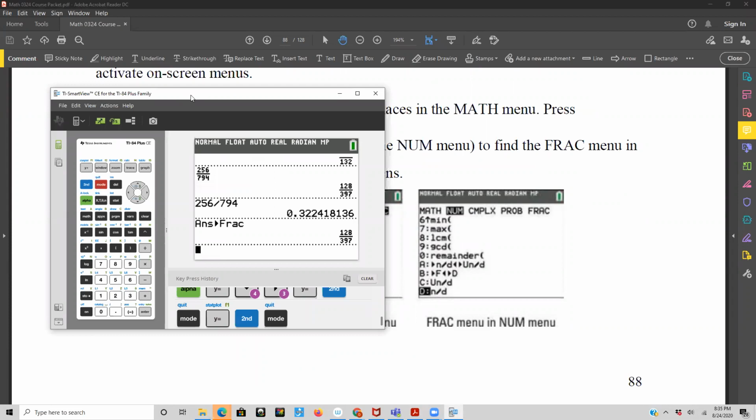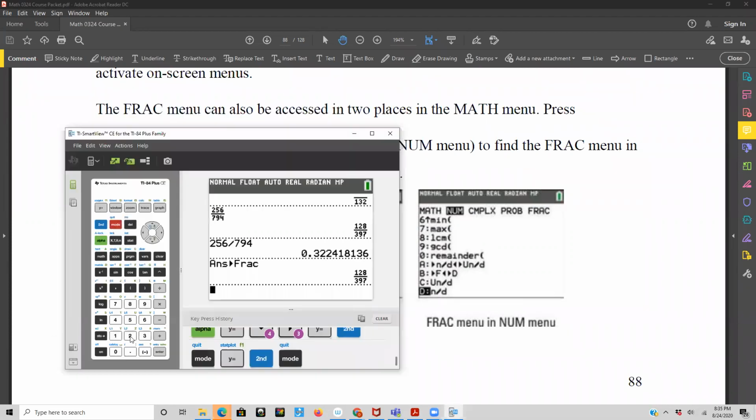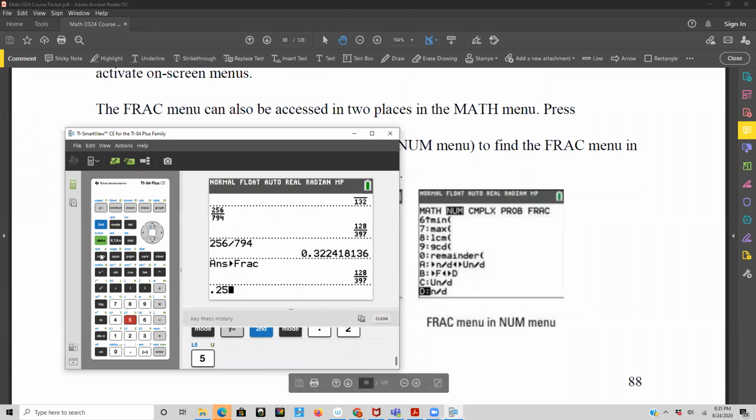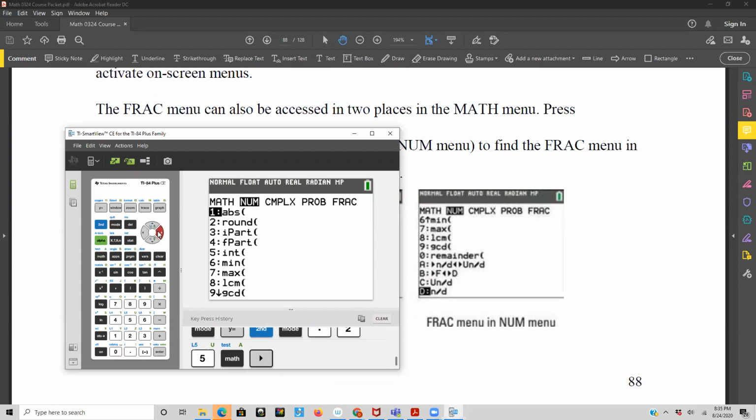So the other place I can find it, like I did math 1, and now we can go over to num D there. So what I'm going to do is just enter a decimal, 0.25. I want to convert that to a fraction. So I go to do the other option. I go to math. I go over to num.